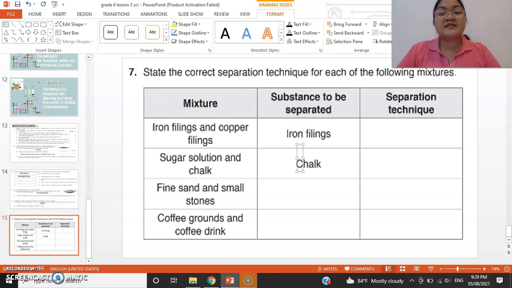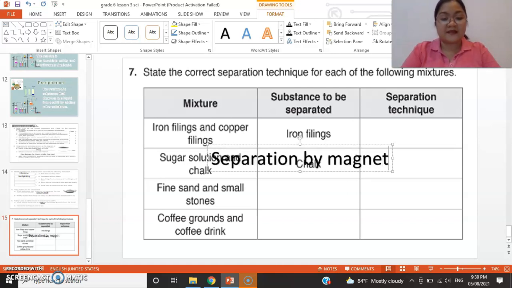The substance to be separated is the iron. So what technique did we use to separate the iron and the copper? Very good. We used separation by magnet. Why? Because iron is attracted to magnet.